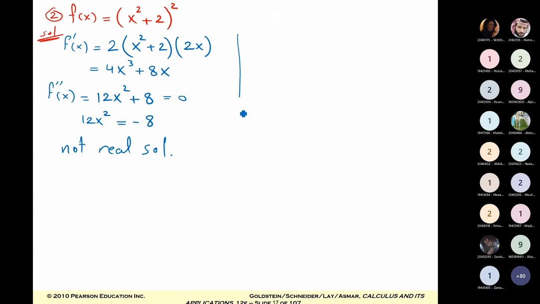Now if f double prime has no solution, there is no point from minus infinity to infinity to put, so what do I do? Simply, I choose any value. I choose f double prime at 0, 1, 2, 3, 4, any value, because we don't have sections, we don't have regions, only one region from minus infinity to infinity. So we can substitute any value, for example 1, so we have 12 plus 8, so this is positive.